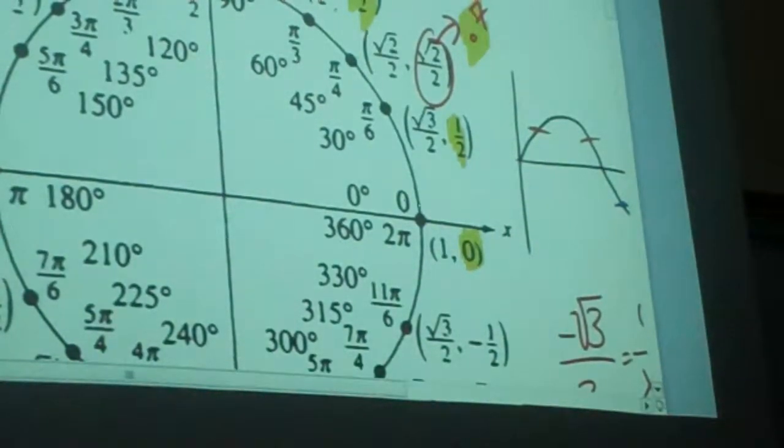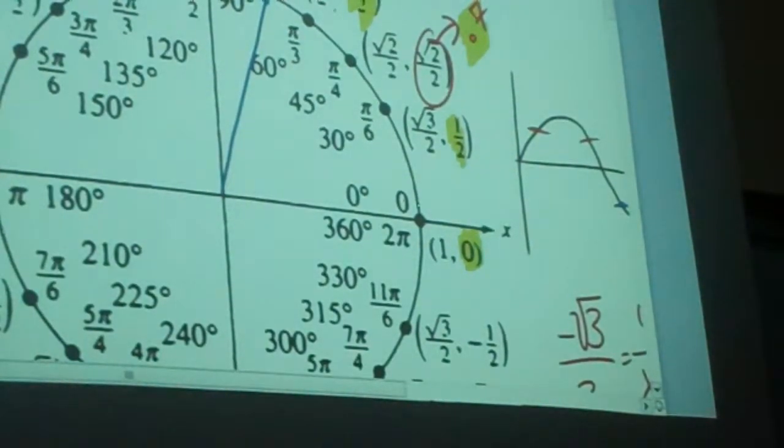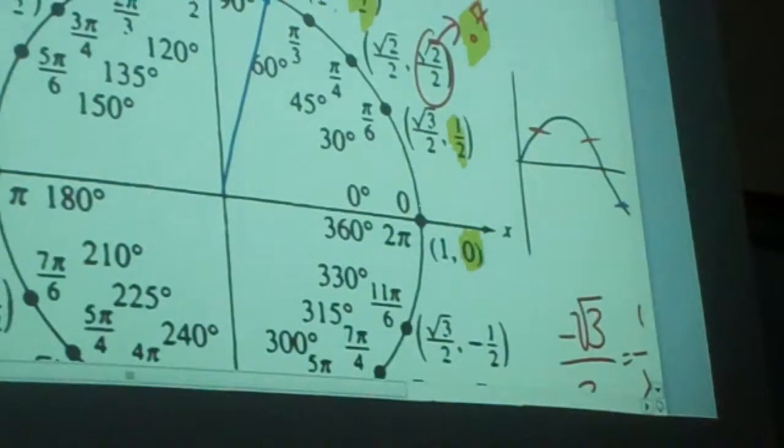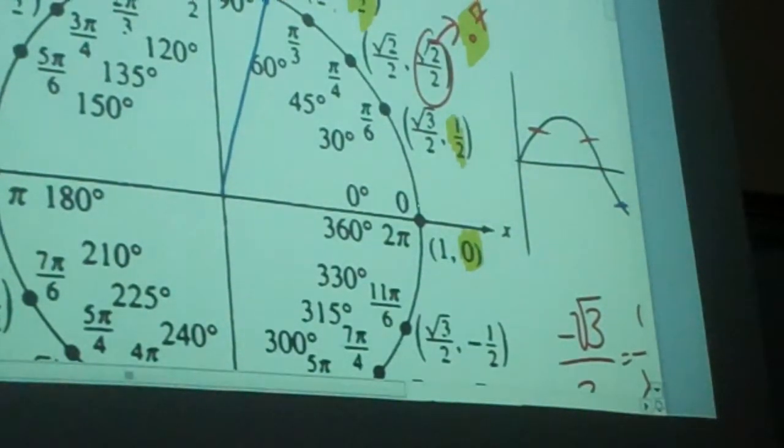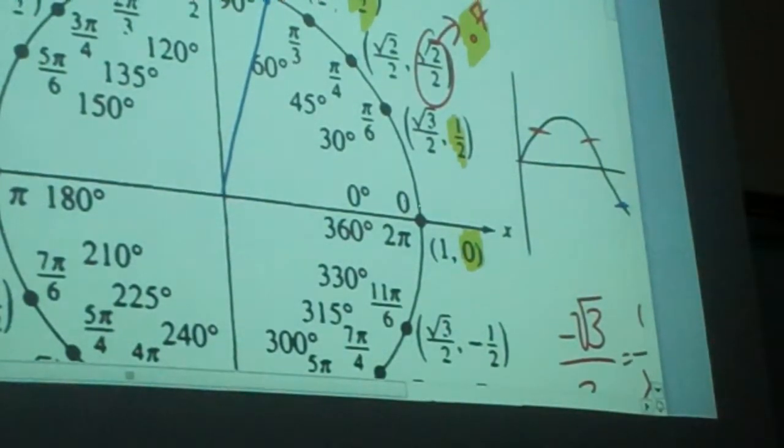Okay. Let's do 80 degrees. So do sine of 80 degrees, tell me what you get. Is it in degrees or radians? I want degrees. 0.98?